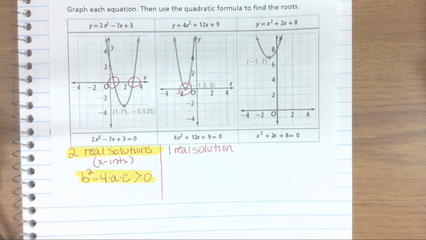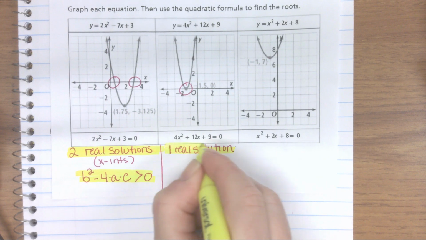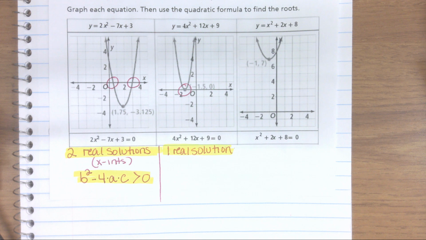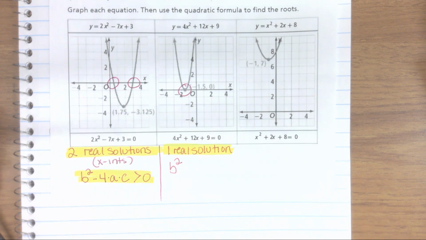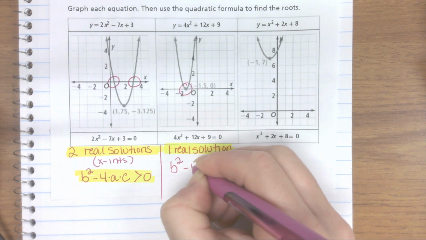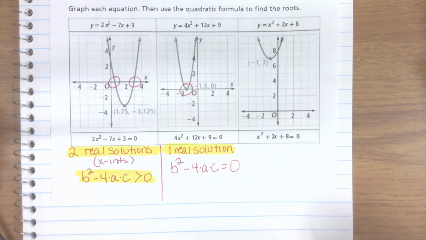And when something has 1 real solution or x-intercept, that discriminant actually is exactly equal to 0. So that's going to occur when b squared minus 4 times a times c is exactly equal to 0.